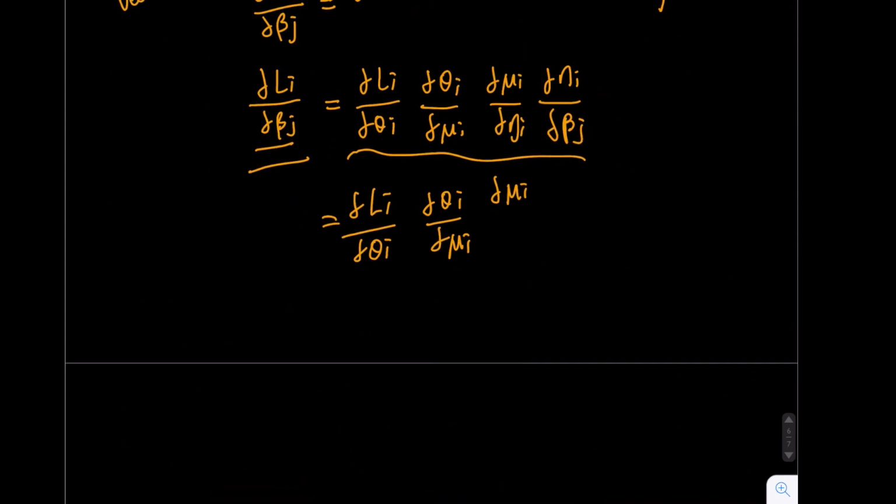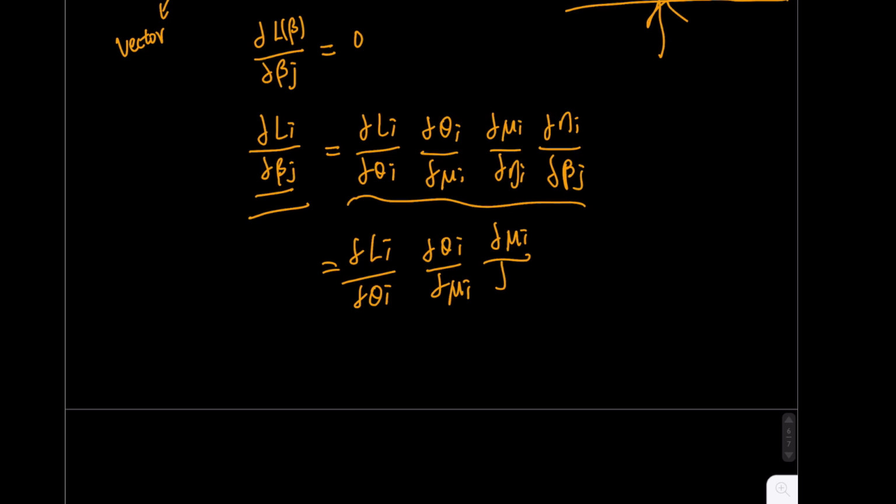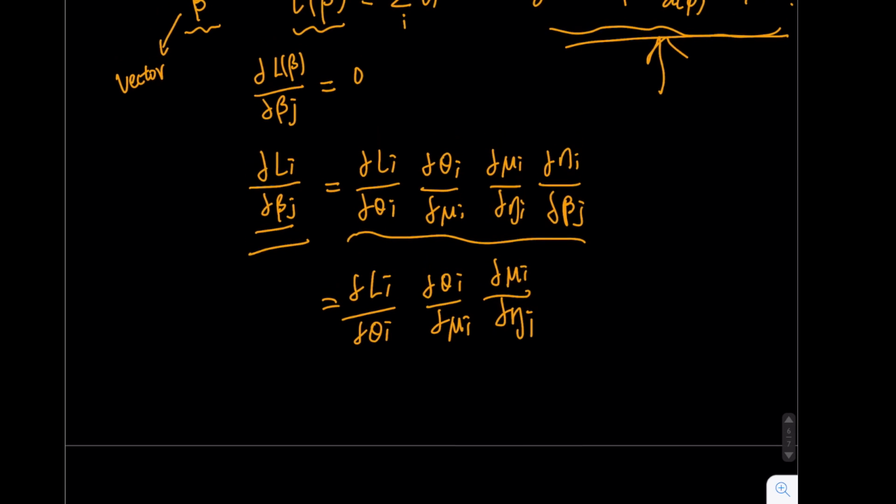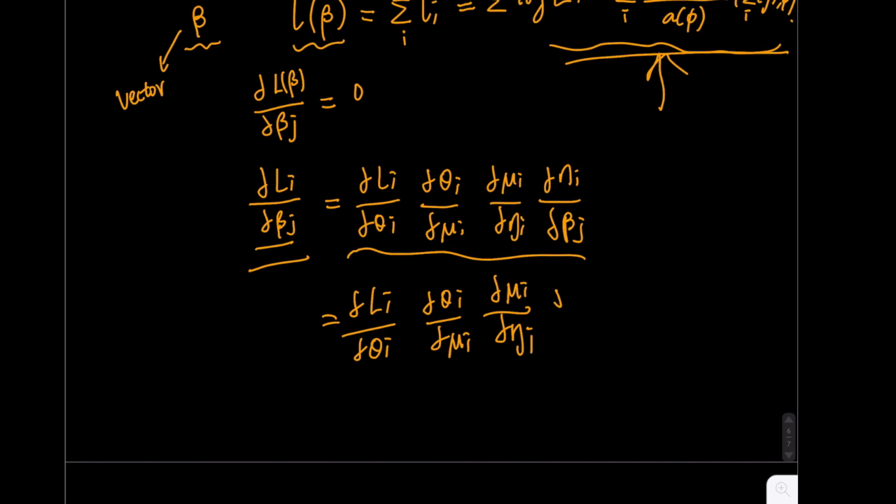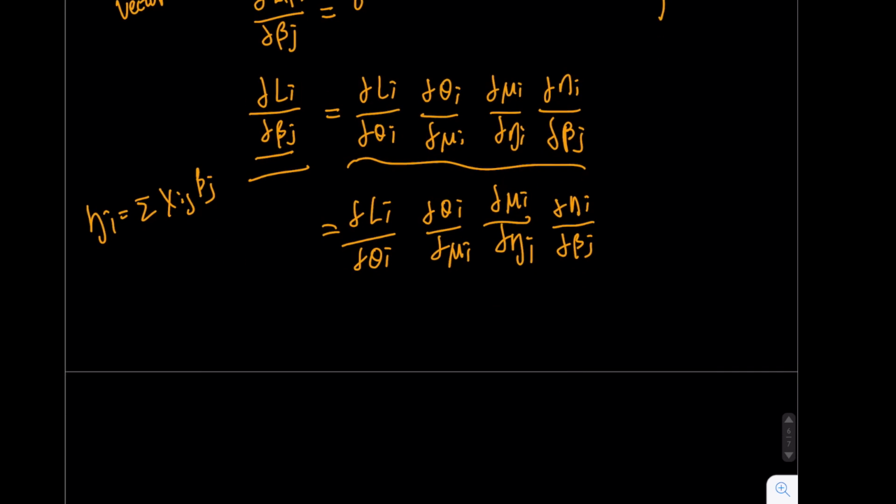And in the denominator, we will give the systematic component, which is eta i. And then d eta i d beta j will be very natural because we know eta i is equal to the sum of x_ij beta j, right? All right, that's some intuition behind this chain rule.